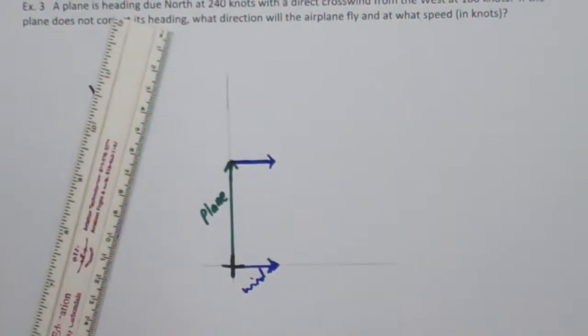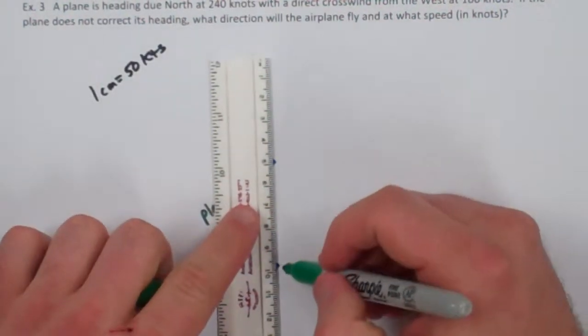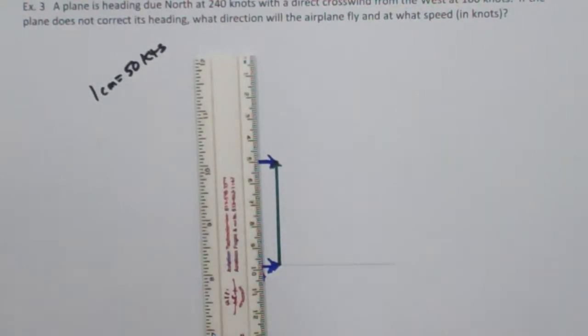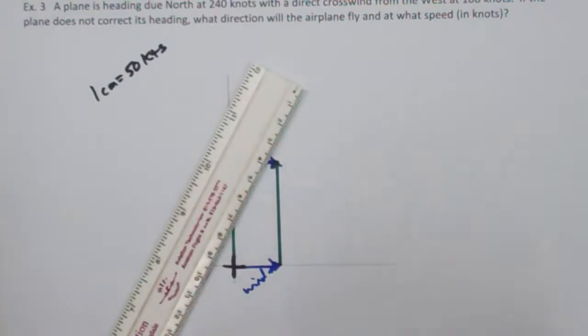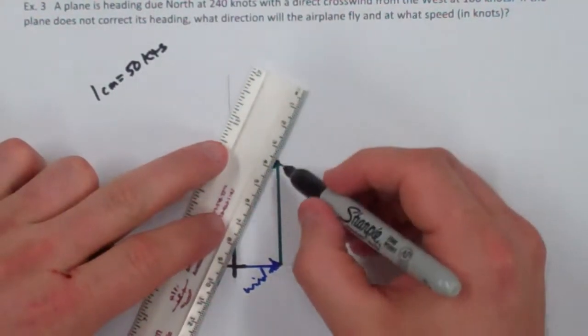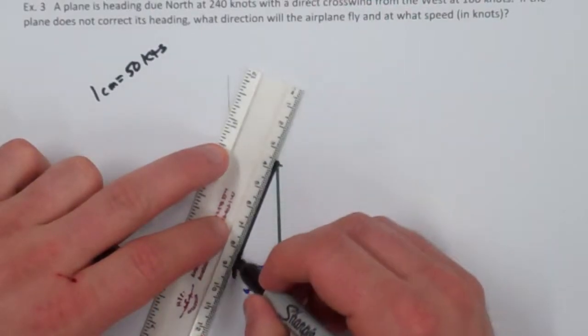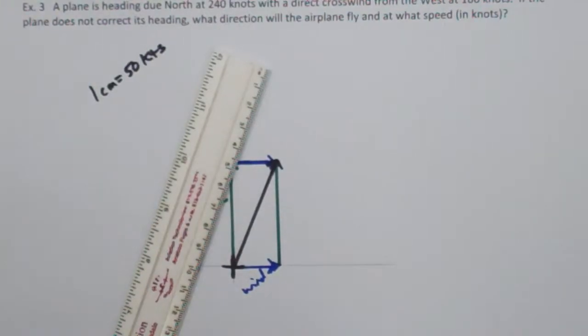And we'll do actually the plane now. So the plane, that should be right there. And the actual path across the ground will be this one. And I'll do that in black. So, using the parallelogram method, this is the actual path of the airplane on the ground.